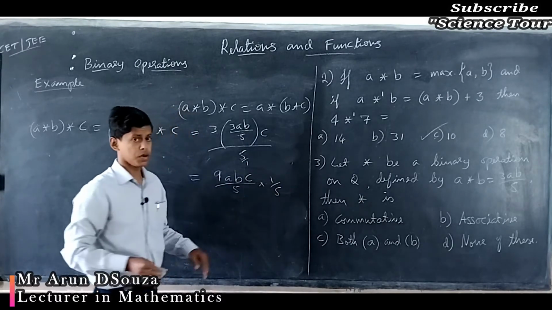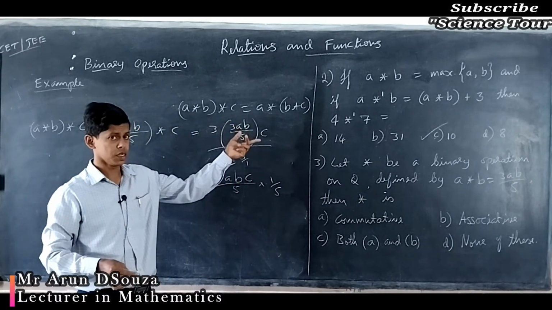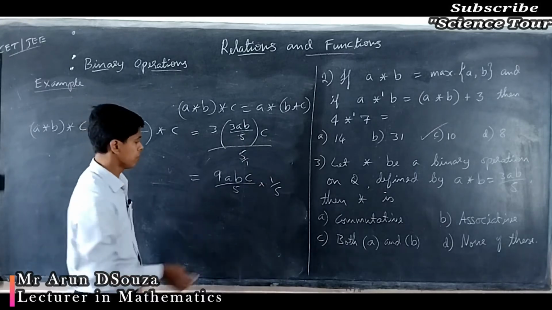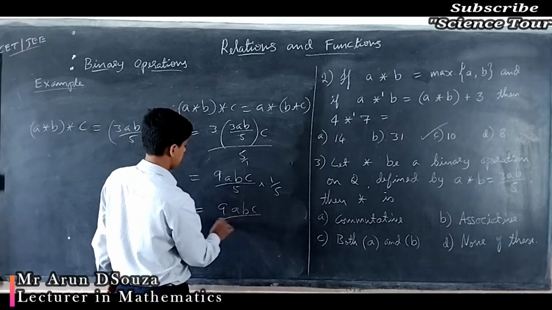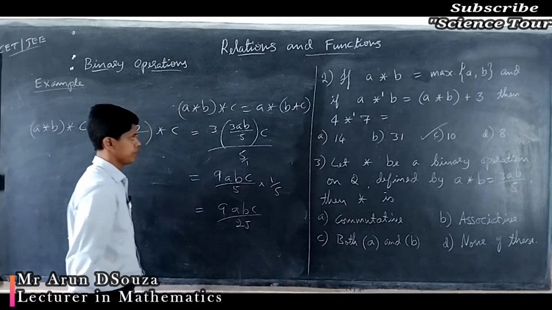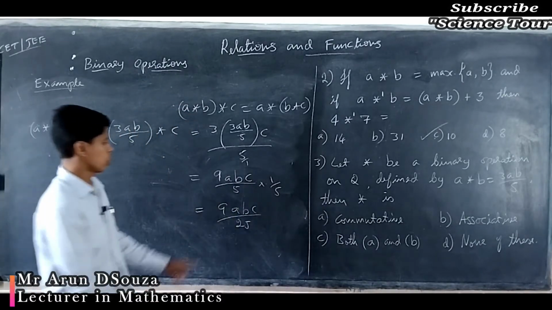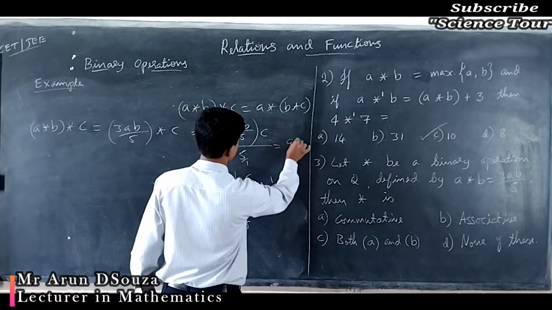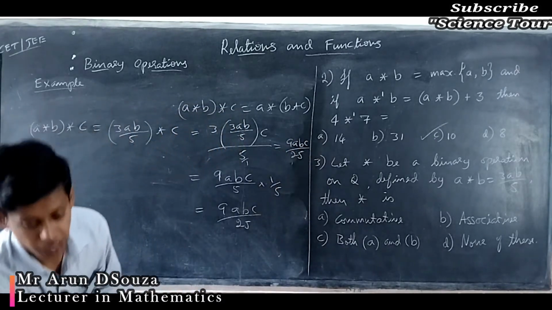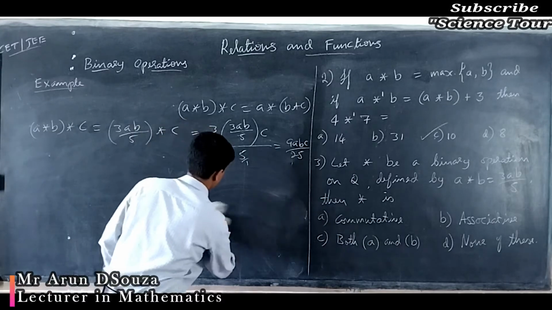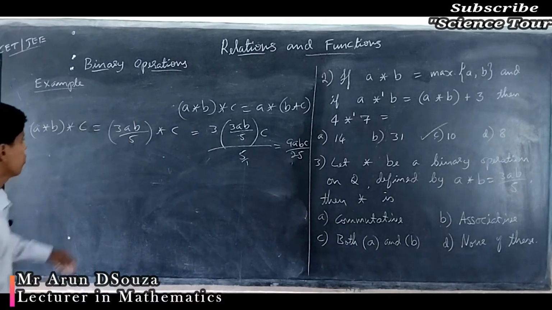When it goes up, it will be inverted, reciprocal, so that is 1 by 5. So that means it is 9ABC by 25. Correct? So what did I get? I got 9ABC by 25.